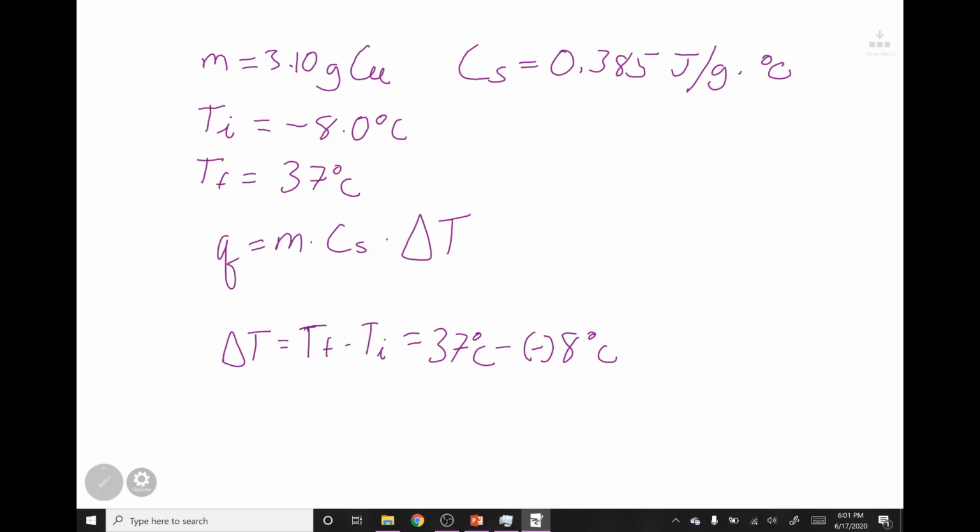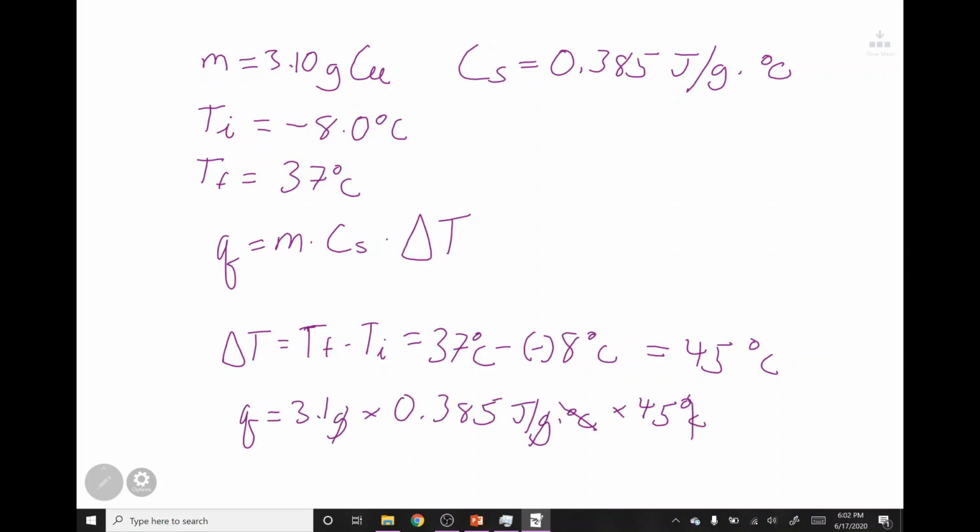Now we can just plug into our equation. Q is equal to our mass, 3.1 grams, times CS, they gave us 0.385 joules over grams times degrees C, times our delta T, which is just 45 degrees C. Grams cancel with grams, degrees C cancel with degrees C, so we're just left with joules.